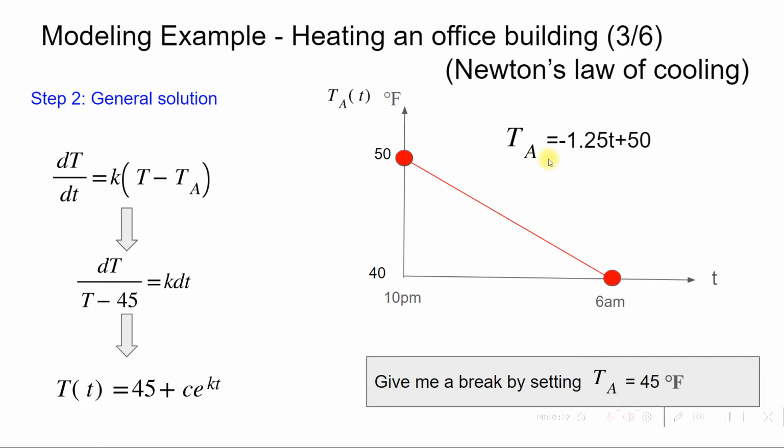But we can foresee that if we substitute this TA as a linear function into the ODE, the ODE will become too complicated. So the textbook tells us that we can set TA to 45 degrees Fahrenheit, which is the average of 40 and 50, without sacrificing too much accuracy.